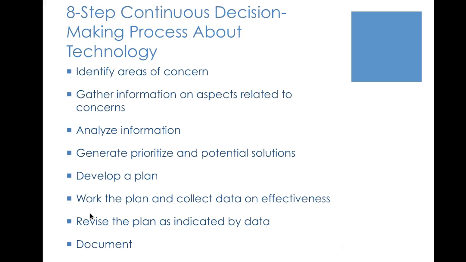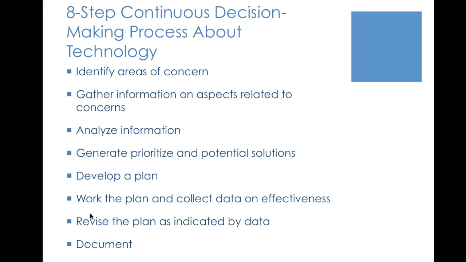So this is the 8-step continuous decision-making process about technology and special ed. One, you identify the area of concern, then you gather information on the aspects related to that concern. This is where a special educator might ask you, what are some of the barriers to the student accessing the learning in your classroom? It could be communication, and then the special educator would go back with that information and present it to the team.